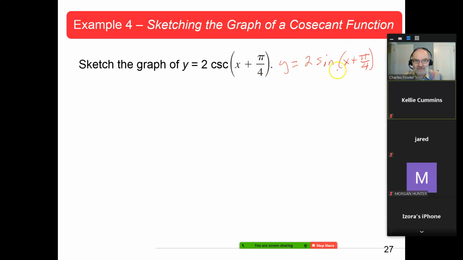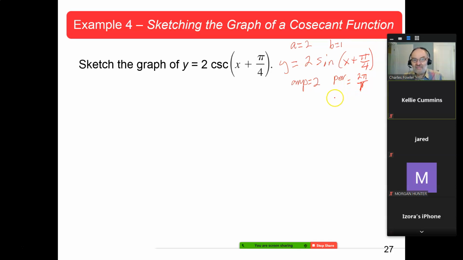So let's start with our sine here. Start with the alphabet. A is equal to 2. That relates to the amplitude, which is the absolute value of A, which is also equal to 2. Then the B here is 1. That relates to the period, and the period for sine is 2 pi over 1, which is just 2 pi.